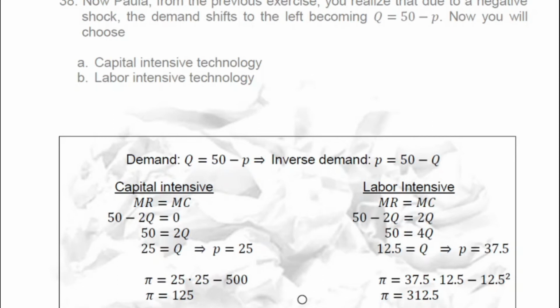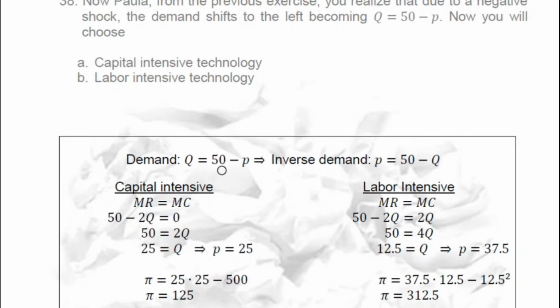But now, as you can see, the labor-intensive technology is more profitable for you. Why did I do this exercise? To learn that when we have high fixed cost, it's better if we produce more, or if we have high demand to be able to produce more.